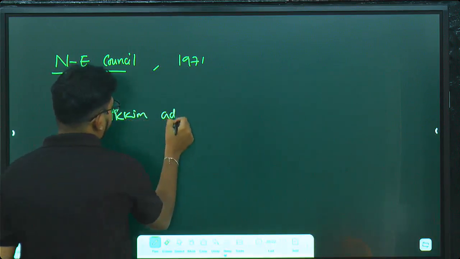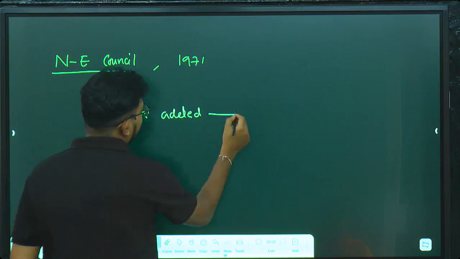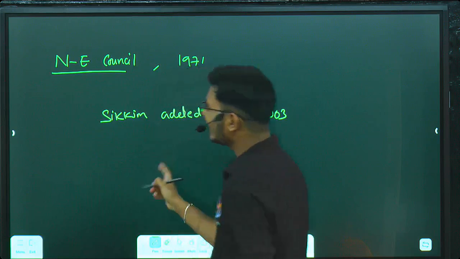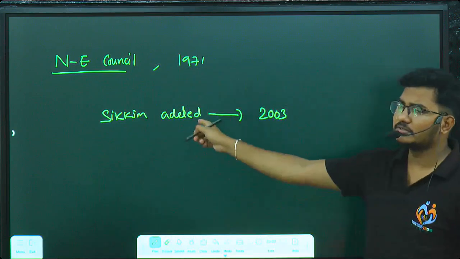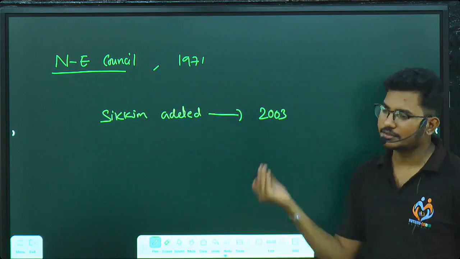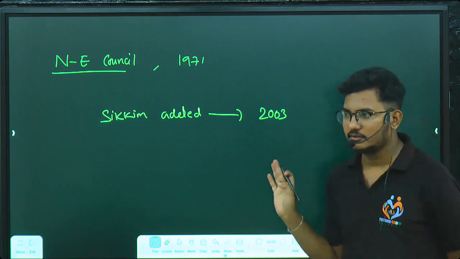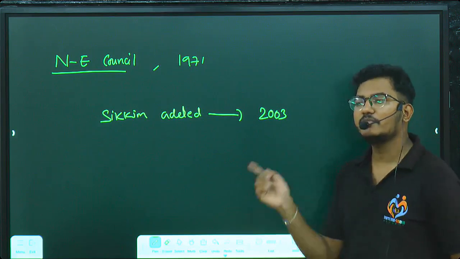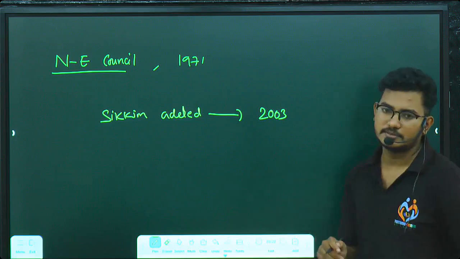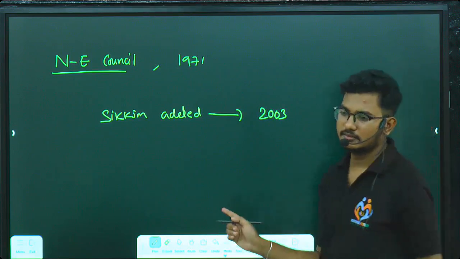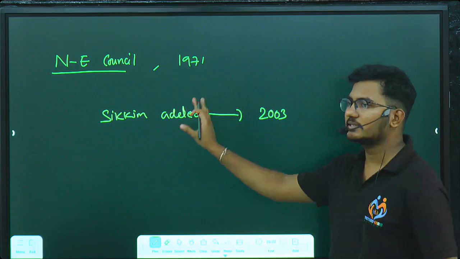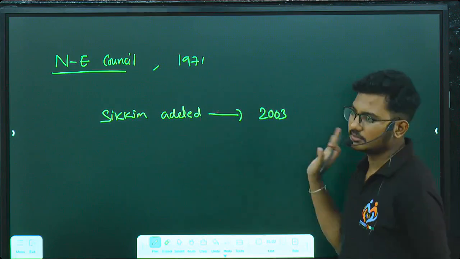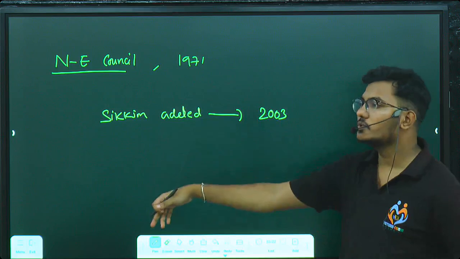Here the Sarkaria Commission is not talking about the Northeastern Council, because it is always active. They come together, sit together, have their meetings, come up with their common problems and demand from the center. That's the reason the Sarkaria Commission is talking about the zonal councils instead.